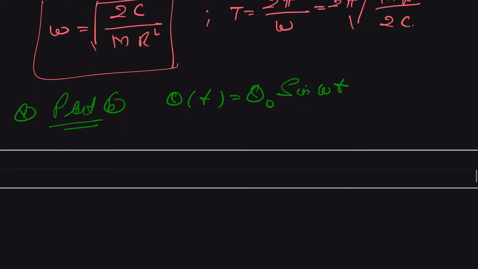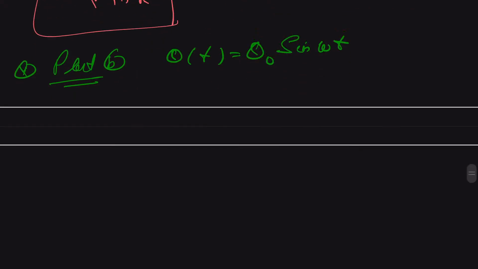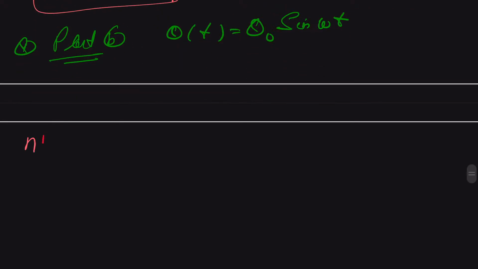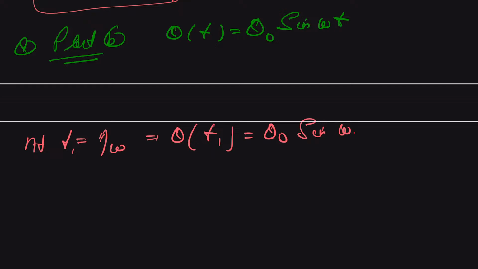At t1 equal to pi by omega, we can find the position of our disk, theta 1, which will be equal to theta naught sine of omega times pi by omega.